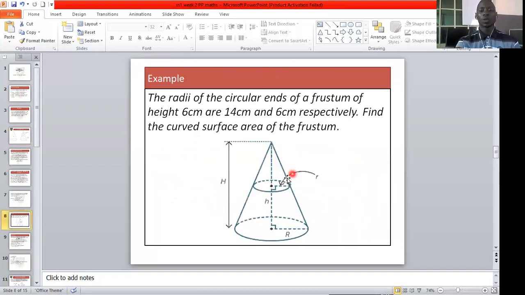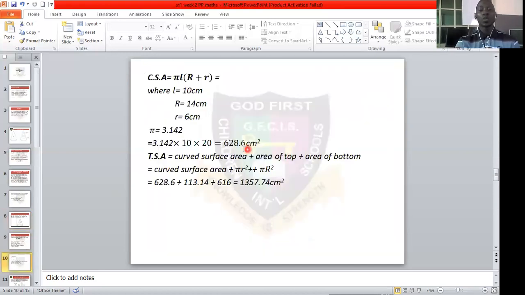So the area of this circle is pi r square. And take note, the r is the small letter r, which is given as 6 centimeter. And the area of this circle is pi capital letter R square, and the radius here is 14 centimeter. Added to the curved surface area, which we have calculated to be 628.6 centimeter square.